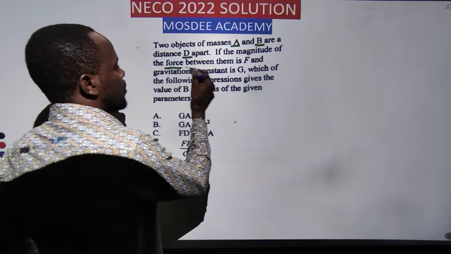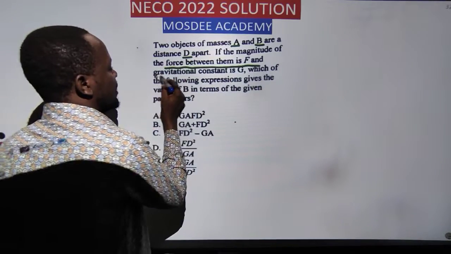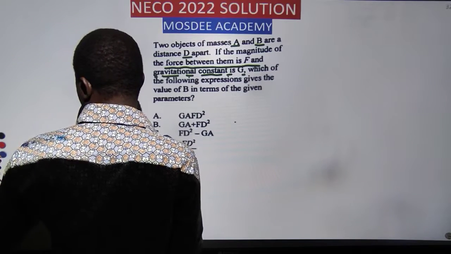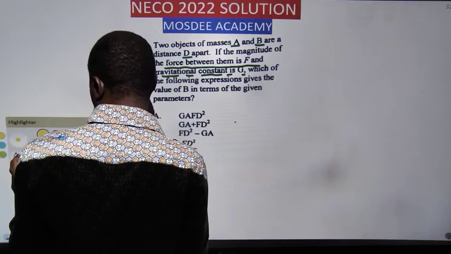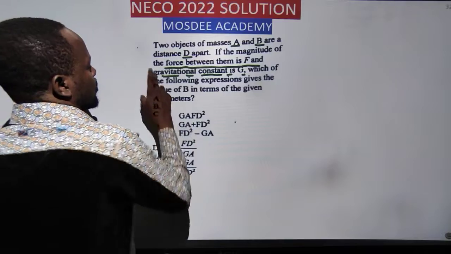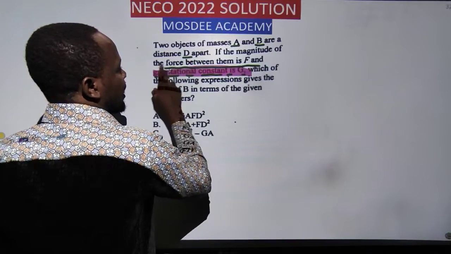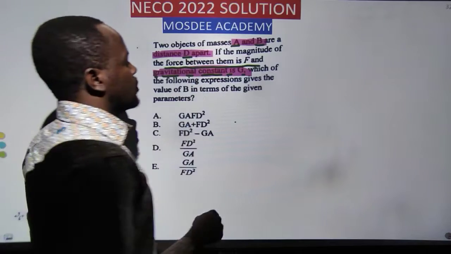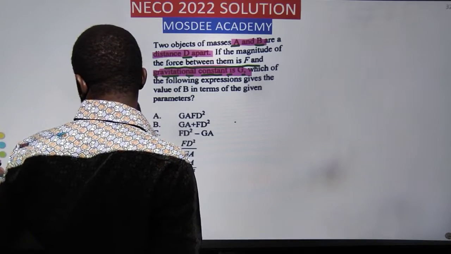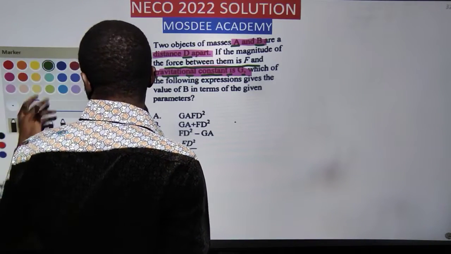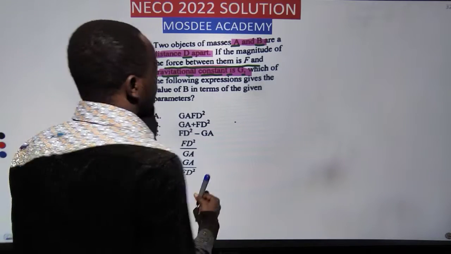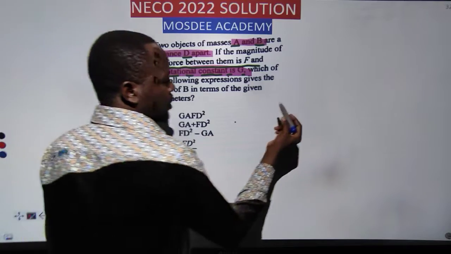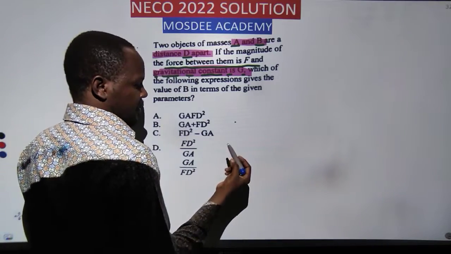The magnitude of the force between them is F, and the gravitational constant is G. So the important facts: A and B are the masses, D is the distance. So now we are asked to find the expression for B. Gravitational force, we know that from junior classes.